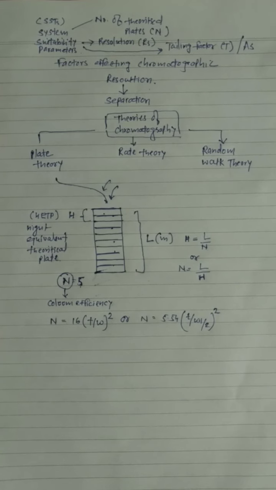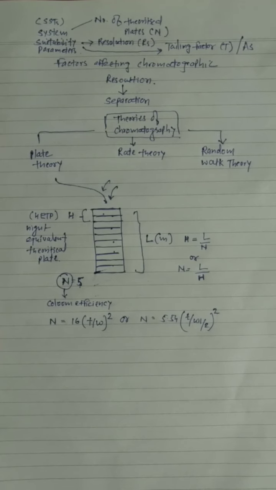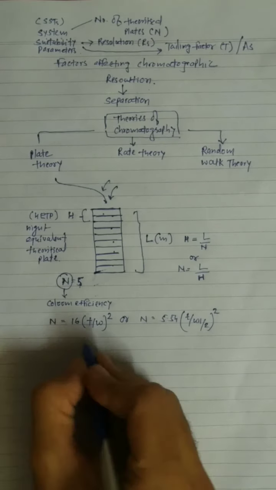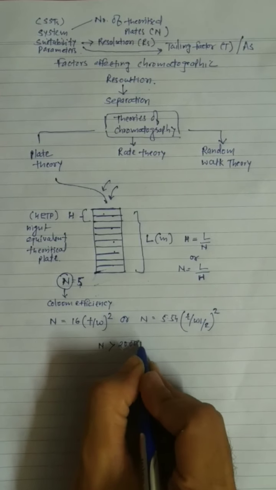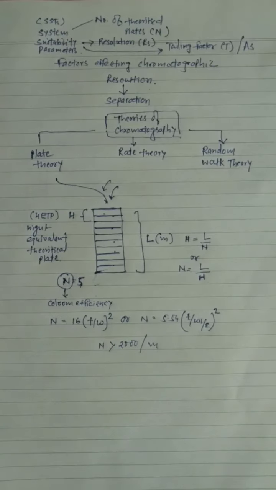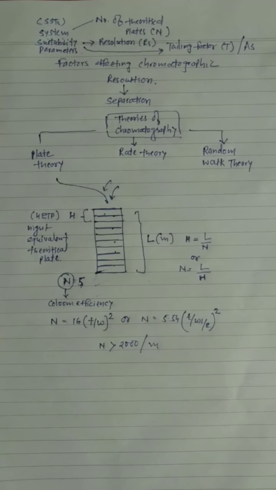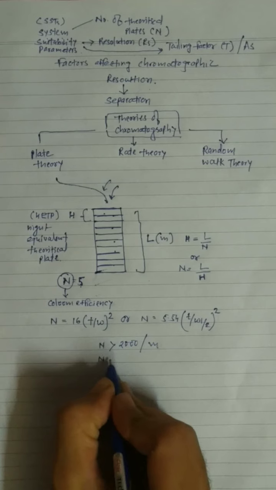Again, as with the system suitability parameters, each has a specific value or range from which you can comment something. If the number of theoretical plates is greater than 2000 plates per meter, you can say that the system has adequacy or good column efficiency.